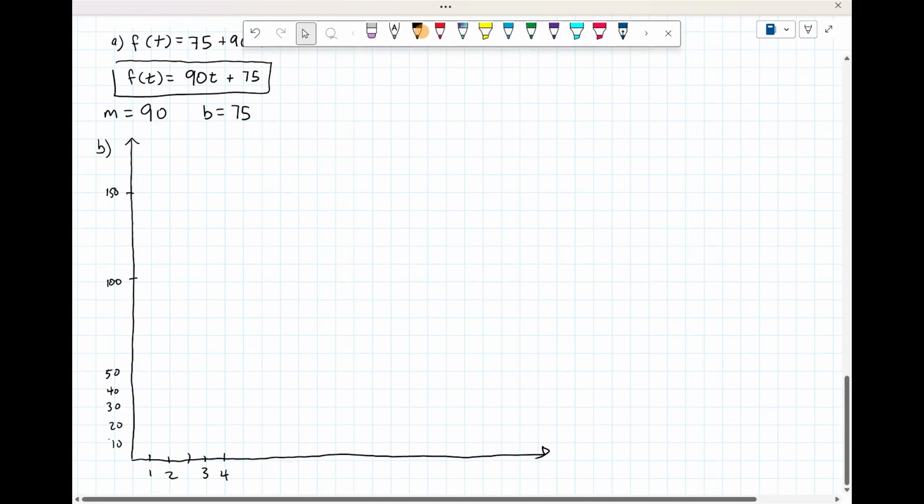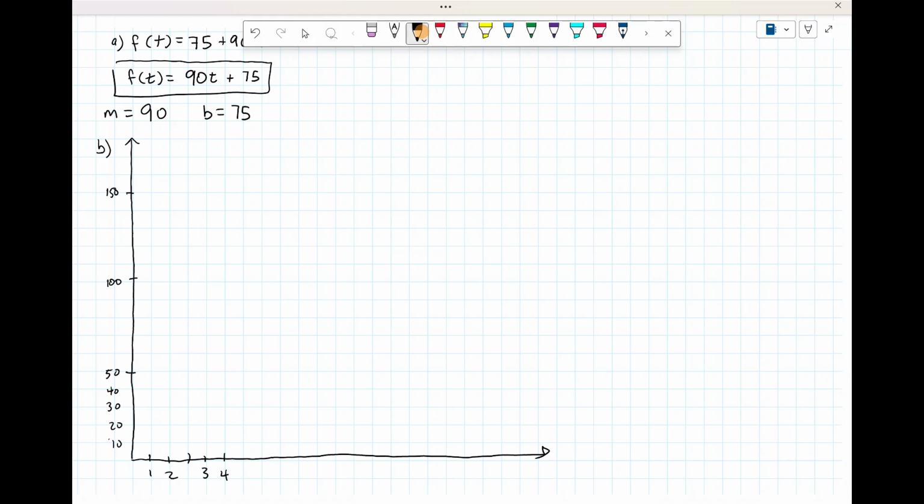All right. So let's graph our function. So our y-intercept is at 75. So this one would be 60, 70 and a half. So that will go right here. That's our y-intercept.